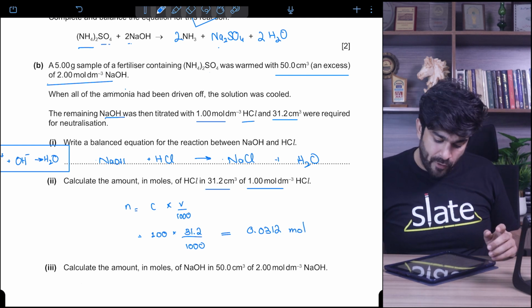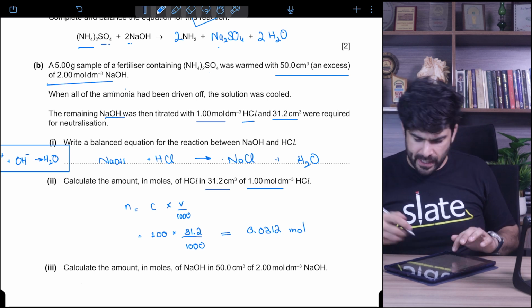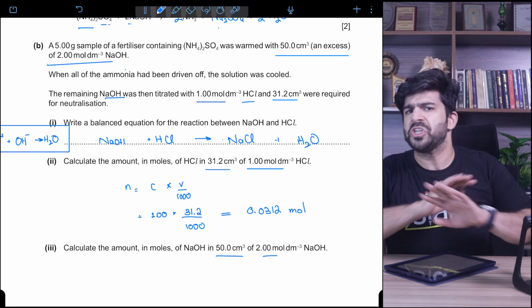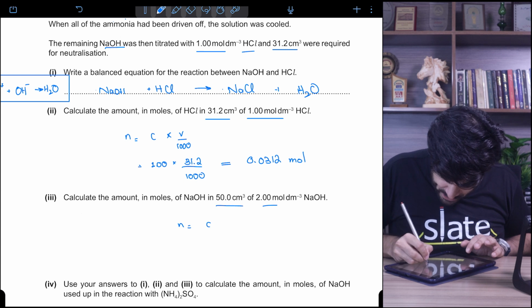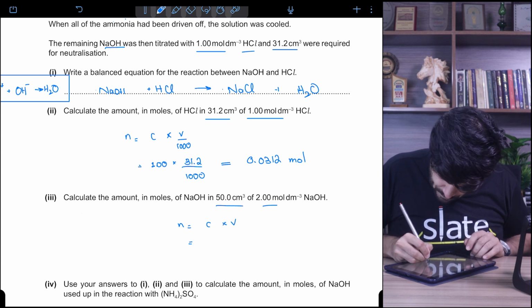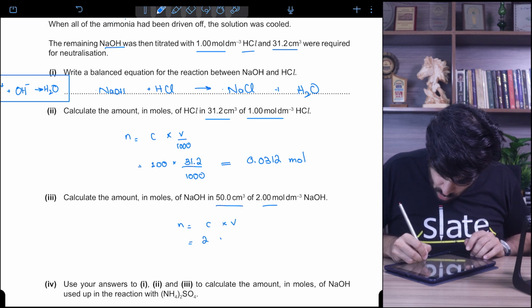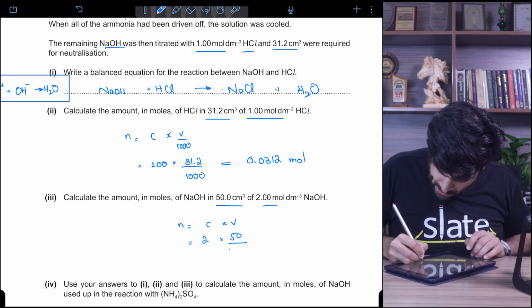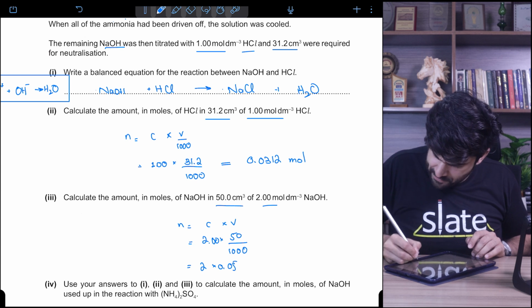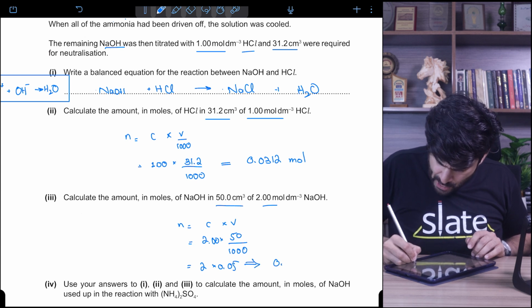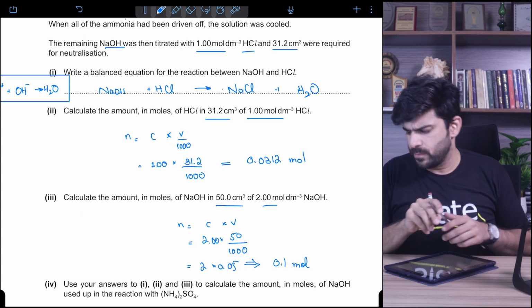Calculate the amount of moles of NaOH with this volume and concentration. Again, a basic calculation, N equals C into V. This is 2, this is 50 divided by 1000. So 2.00 into 0.05 would give me 0.1 mole.